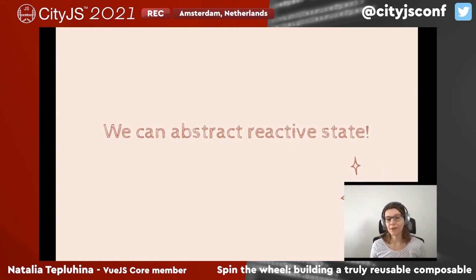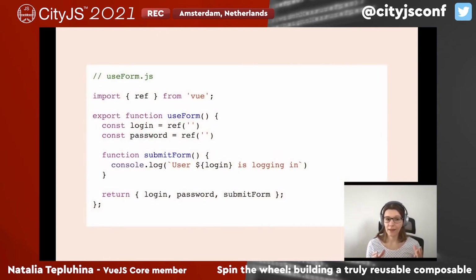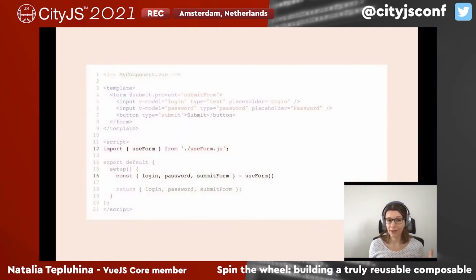We can abstract reactive state, which means that we can have pieces of logic with reactive properties somewhere in a JavaScript file, and then we can expose it as a composition function or composable, which we will be building in the live coding part of the talk. We can export them there, then import them to the Vue component and use them there.